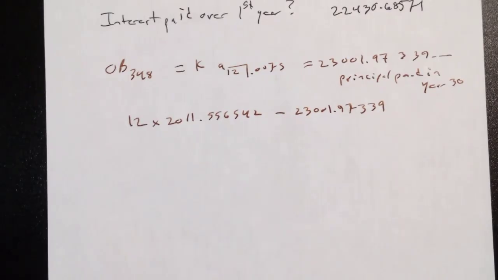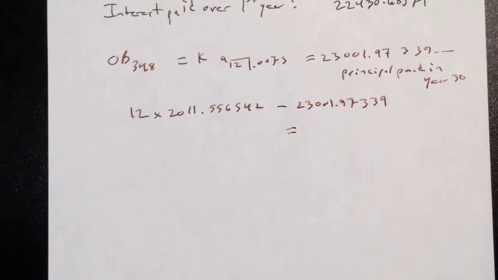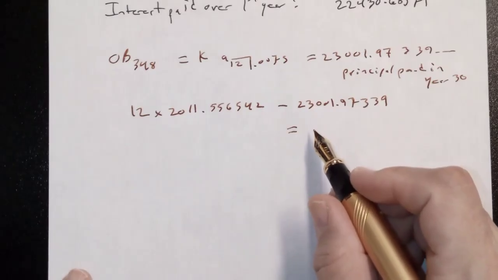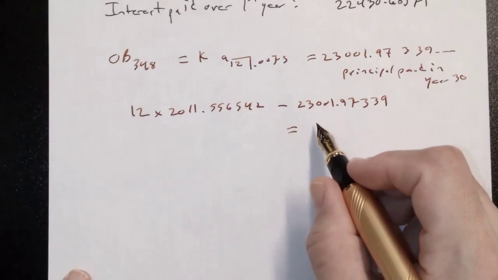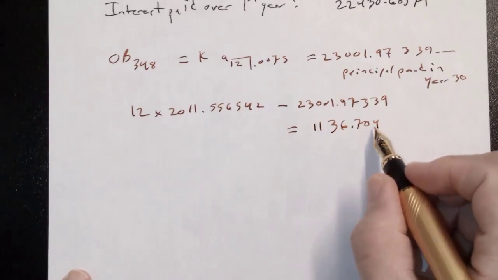How much interest will I have paid? The interest in year 30 is this many payments minus the principal. What's this amount? $1,136.47036.